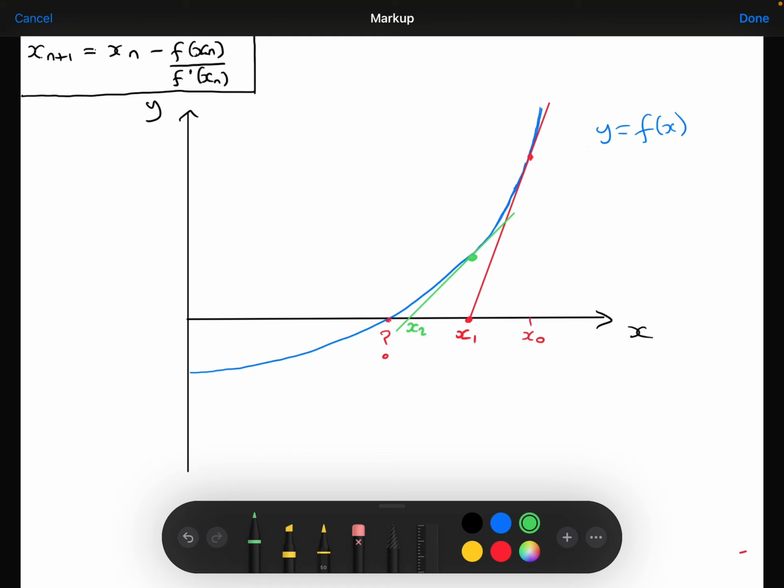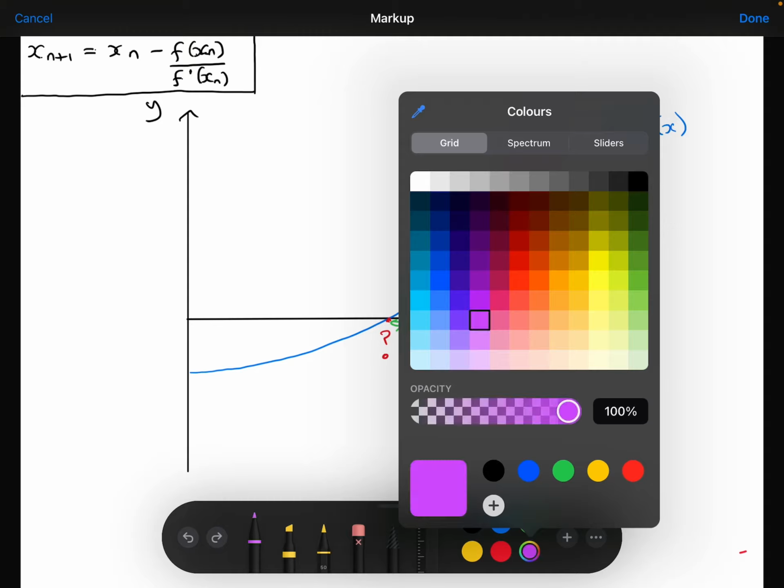And you can see that that is now starting to get to be a pretty good approximation for that root. It's not too far away here. The first approximation was this far away from the root, really bad. The second approximation was this far away. Bit better, but still pretty bad. The third approximation, x2, you can see is pretty close now. And I could repeat the process again if I wanted to.